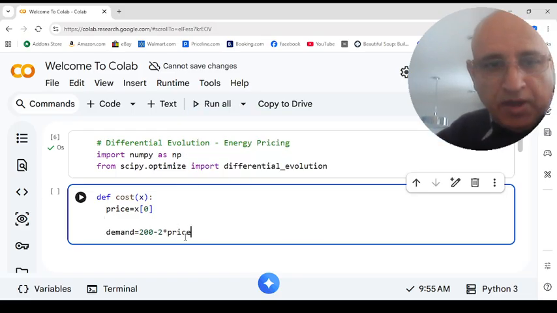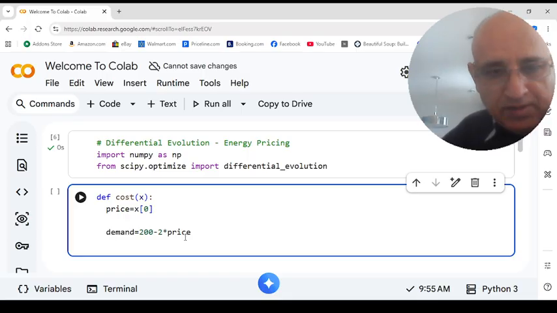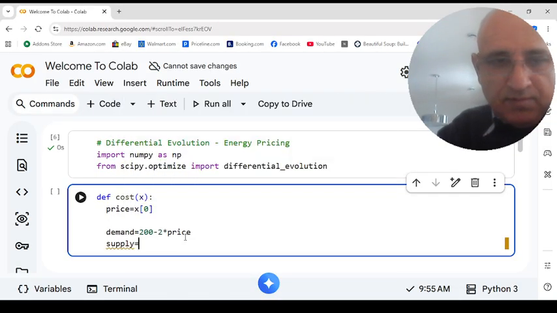If the price is too high, demand would be low. That's what it means. And supply would be, for example, fixed 140.